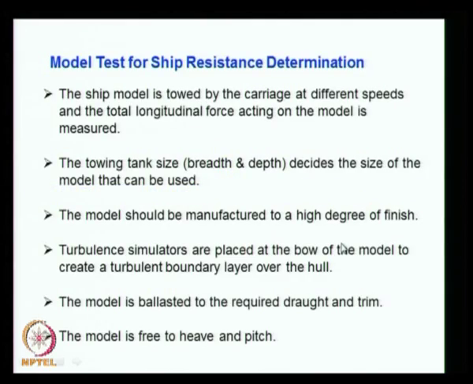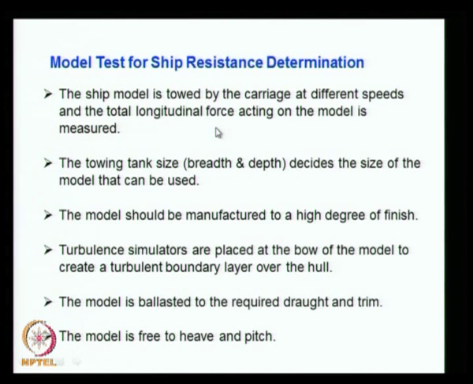So, with this model test and ship resistance prediction, what are the methods which are used? Model test for ship resistance determination: the ship model is towed by the carriage at different speeds and the total longitudinal force acting on the model is measured. That is the way the model test is done. The ship model is ballasted to the required draft of the vessel.